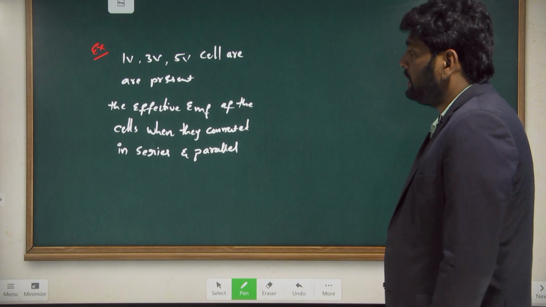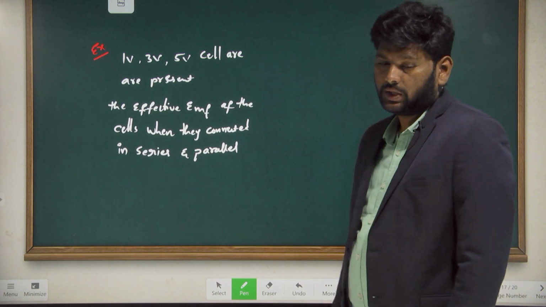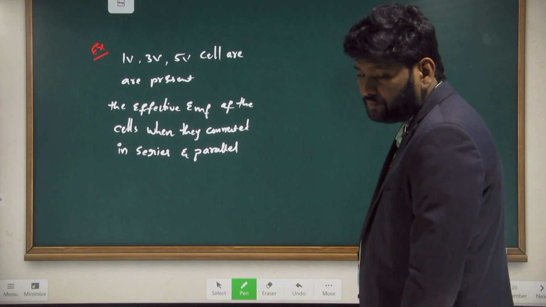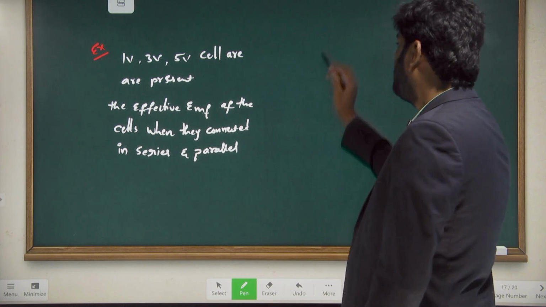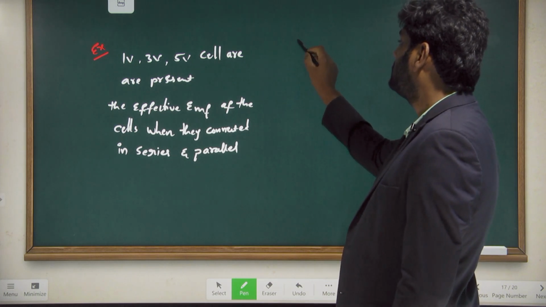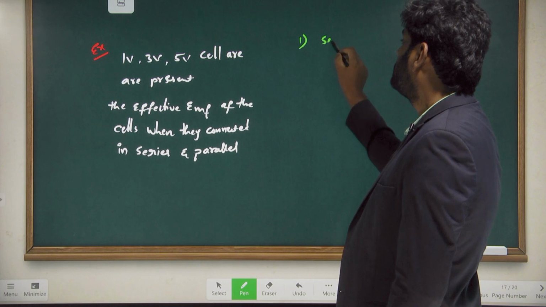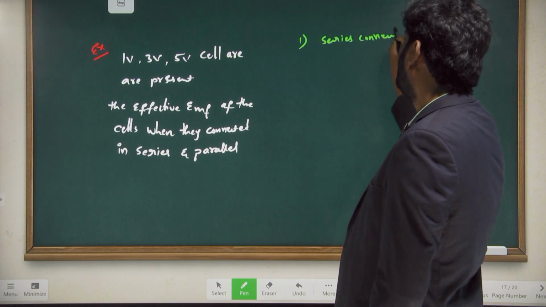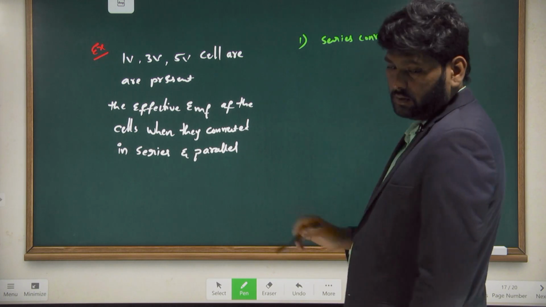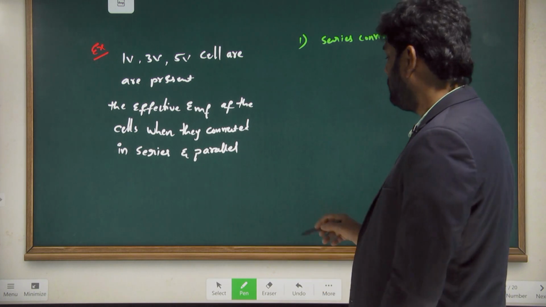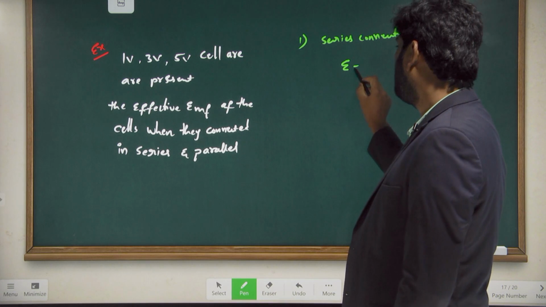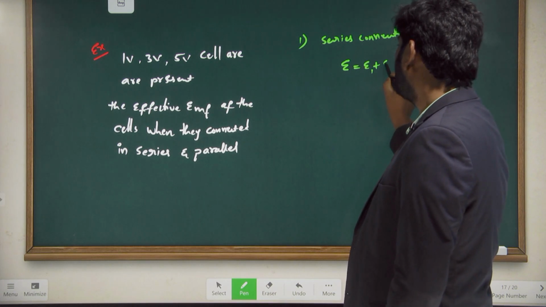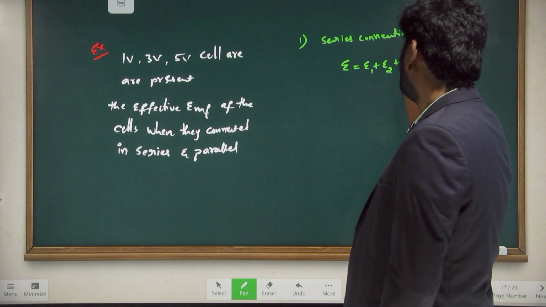First, when they are connected in a series connection, what is the effective EMF value? In a series connection, the effective EMF value is E1 plus E2 plus E3.